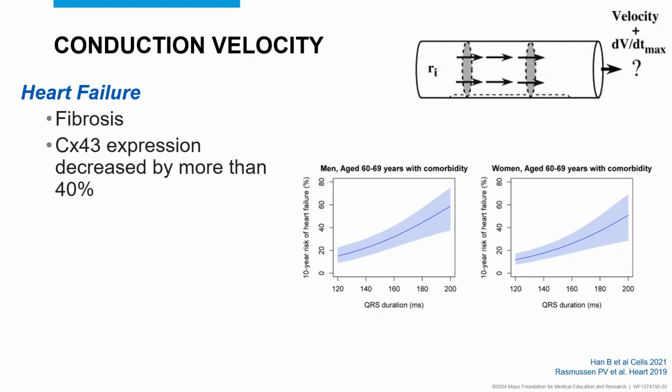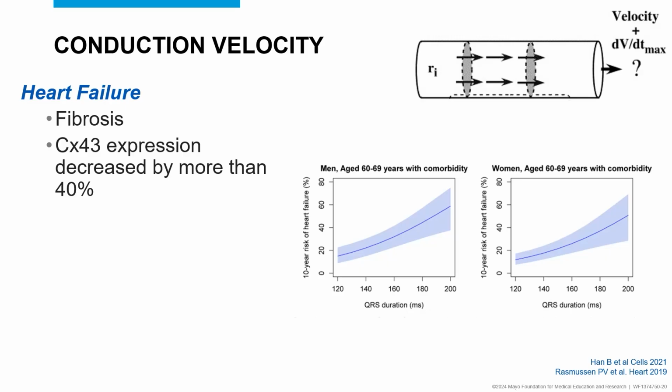In heart failure, more fibrosis in the cell, more resistance, slower conduction. But we also see a major decrease in connexin 43. That's part of your gap junction machinery that facilitates conduction, and it goes down in patients with heart failure.